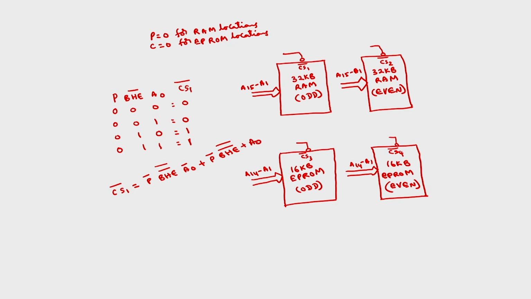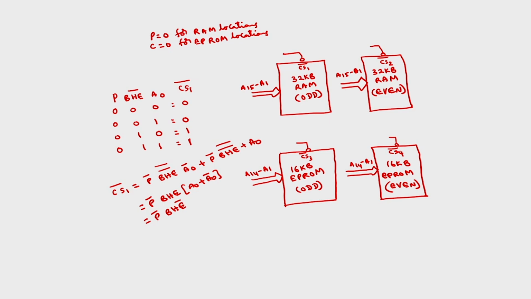Here this A0 is 1 in one case, and 0 in another case. If I take P bar and BHE double bar, of course BHE double bar becomes BHE. If I take this as a common, you will get A0 plus A0 bar. This is equal to simply P bar BHE bar.